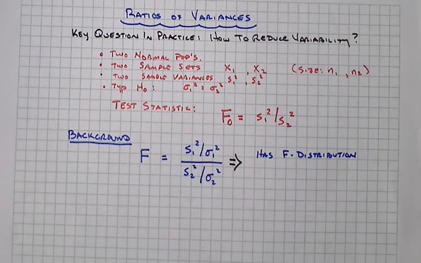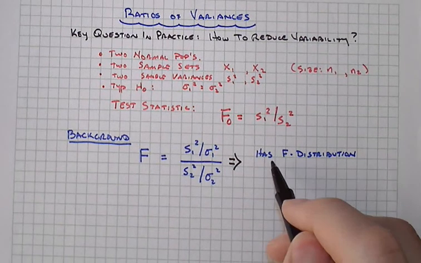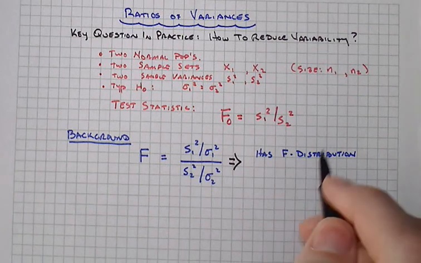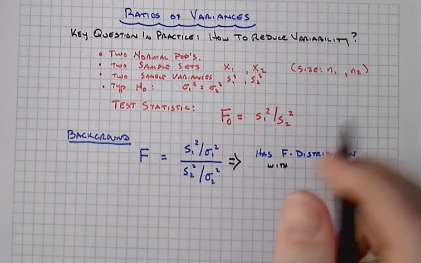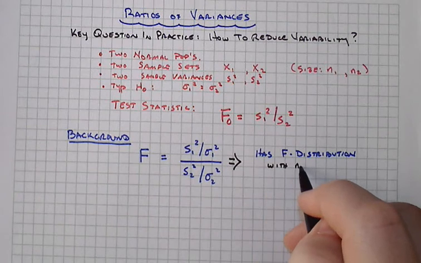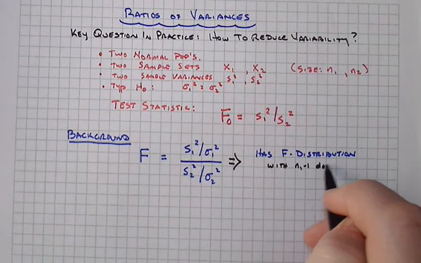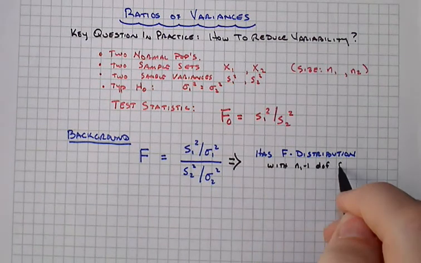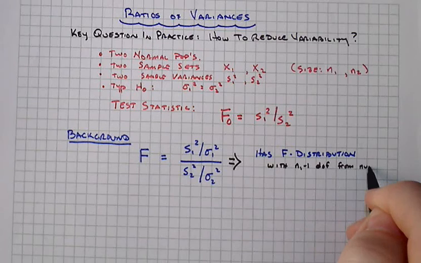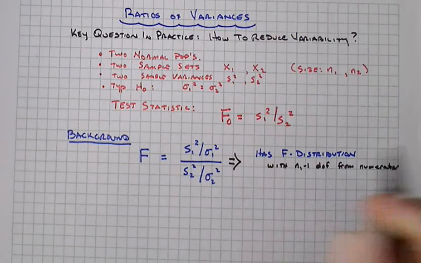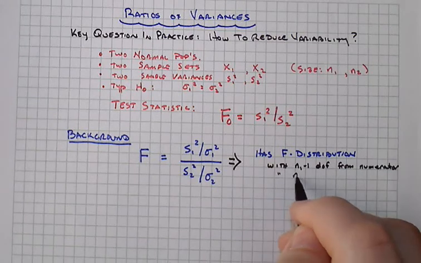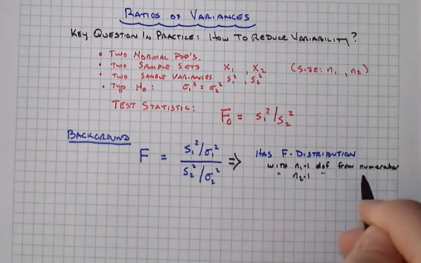Right? Another very crucial aspect here, that the F distribution has n1 minus 1 degrees of freedom from the numerator, and it has n2 minus 1 degrees of freedom from the denominator, and we're going to keep those separate.